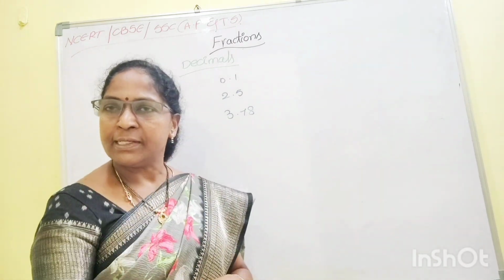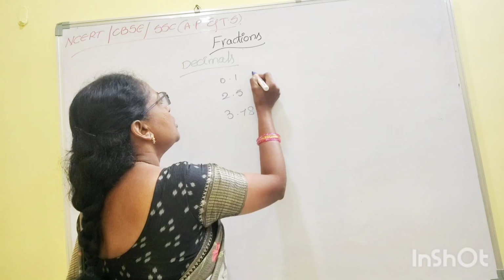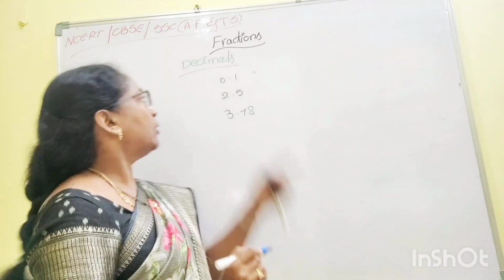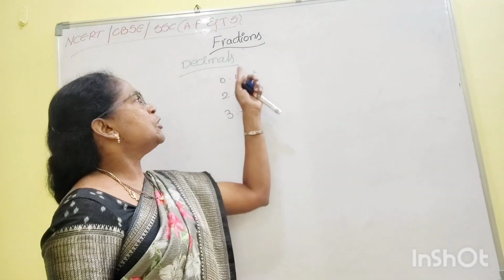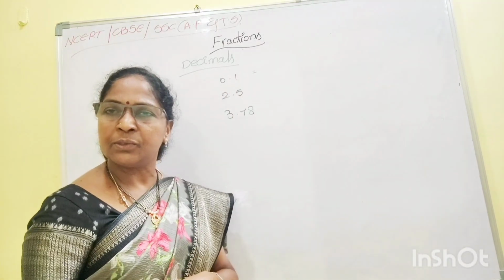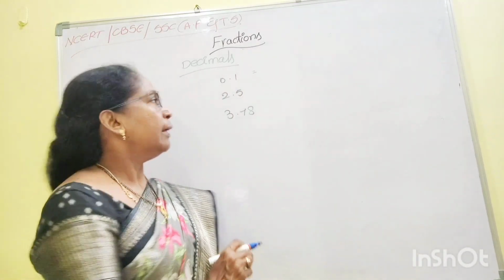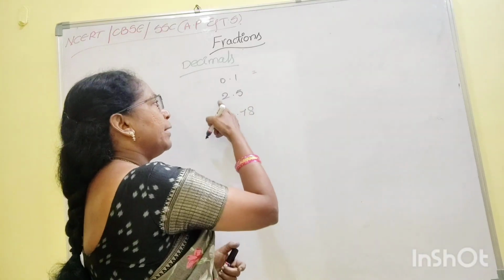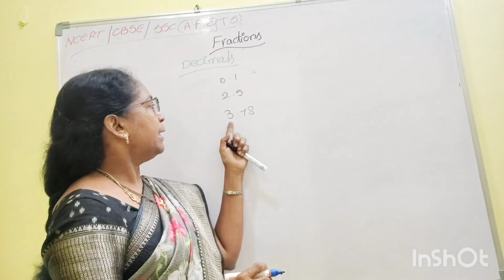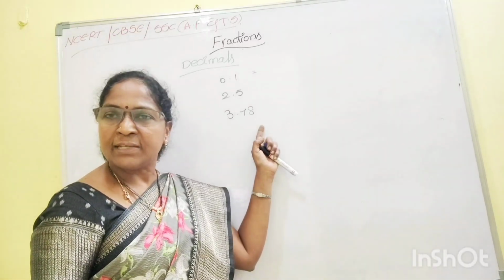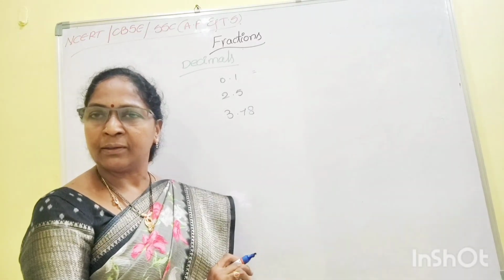Conversion of decimal to fraction. How can you convert 0.1? In 0.1, the left side numbers are the whole number, and the right side numbers are the decimal part of the number. Here in 2.5, 2 is the whole number and 5 is the decimal part, and here 3 is the whole number and 7, 8 are the decimal part of the number.